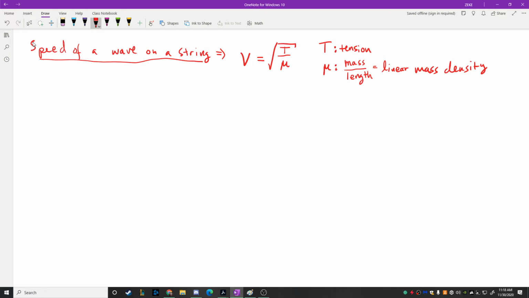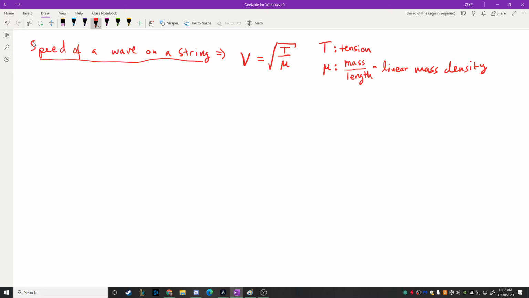So if we were talking about the velocity of sound in air, this would take on a slightly different form, but it would still have the same general properties. The thing that shows up in the bottom would be the density of the air, and the thing that shows up in the top would be what's called the bulk modulus.